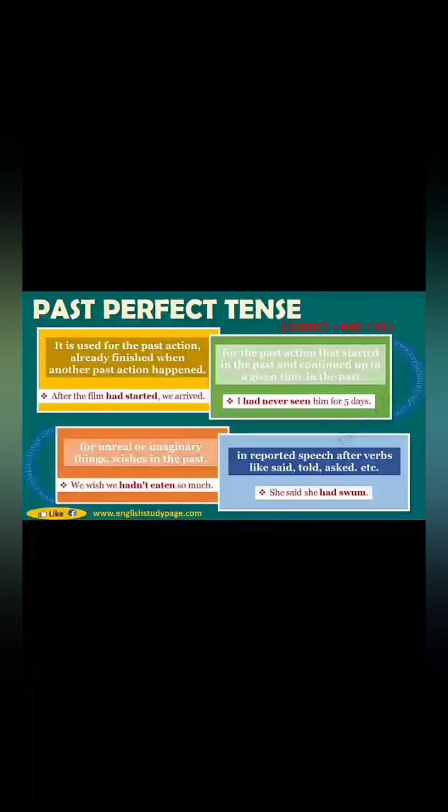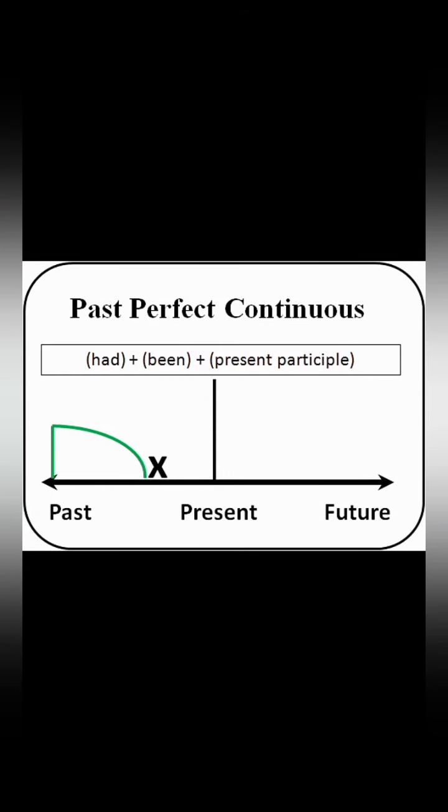Now, past perfect continuous. Had plus been plus present participle. Okay? Past perfect continuous, past perfect progressive shows that an action started in the past and continued up until another time in the past.